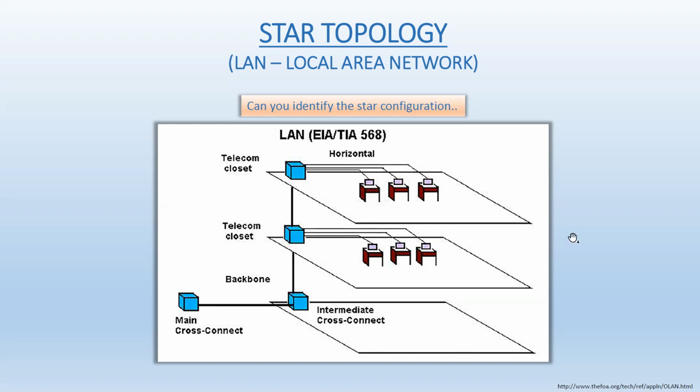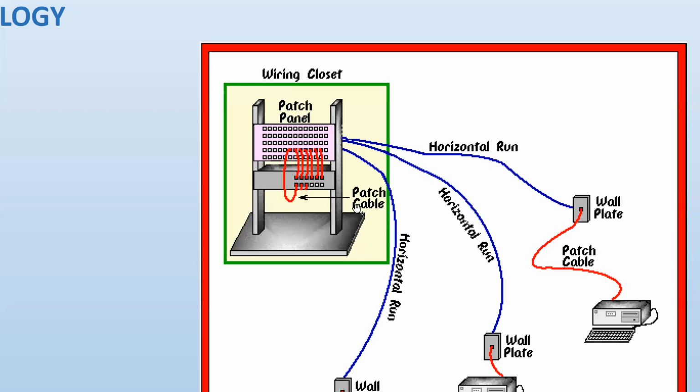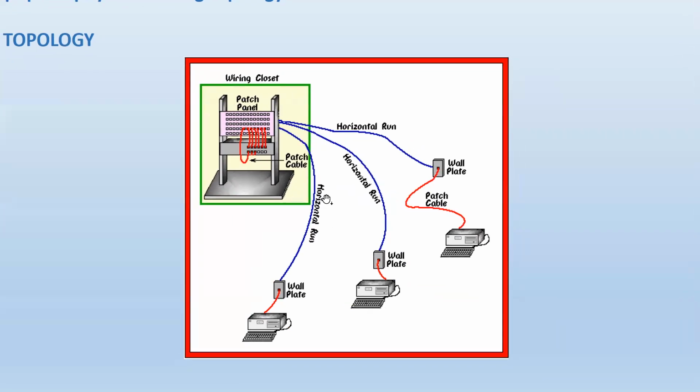So here's as far as terminology here. Now, structured cable network, that's what star topology would look like. Another visual. Here a bunch of wall jacks, and the wall jacks all home run to that central location. They all run to the central location here. This would be the patch panel, or many patch panels put together physically in the same equipment rack.